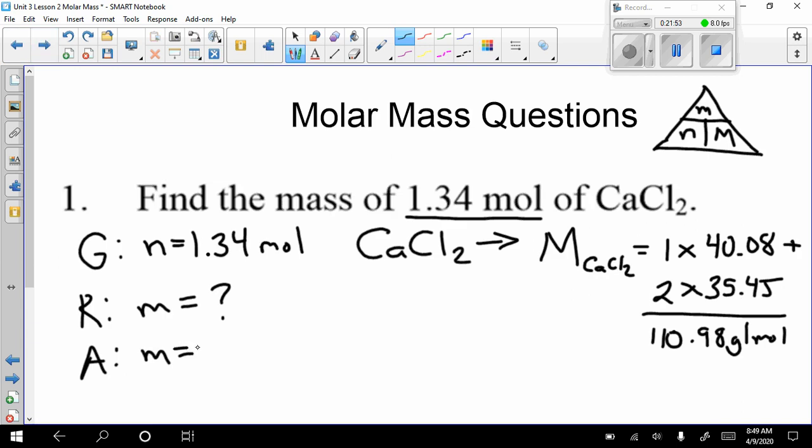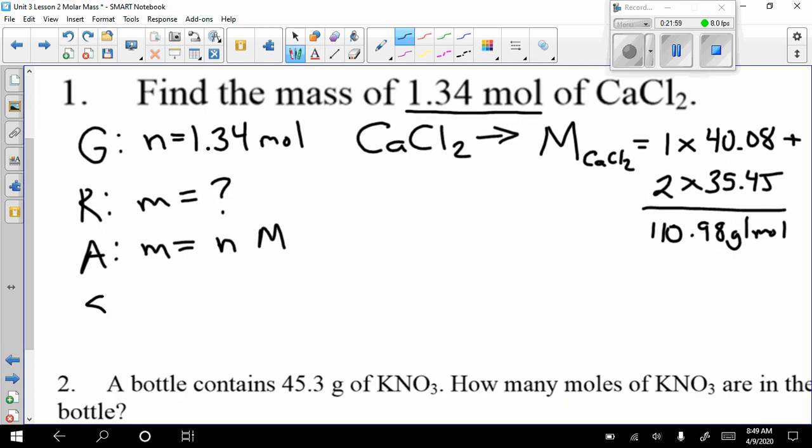Little m is equal to n times capital M. So the number of moles times the molar mass. And so I'm going to sub and solve into that. And it's going to be 1.34 times 110.98. And when I plug that in, I'll just do it on my calculator in front of me here.